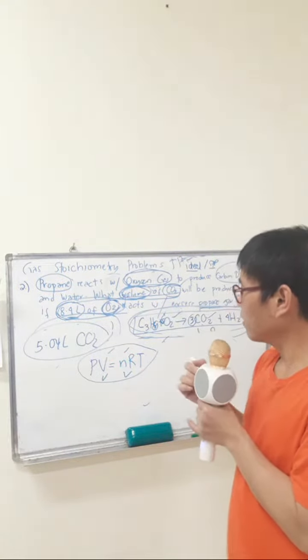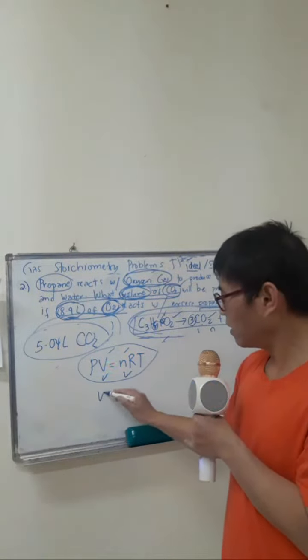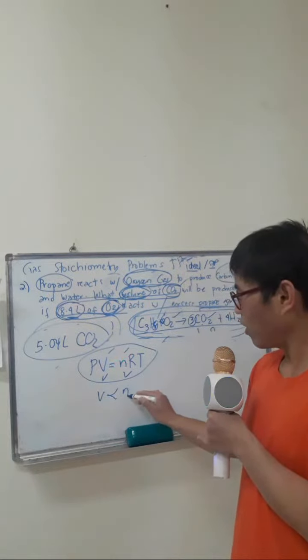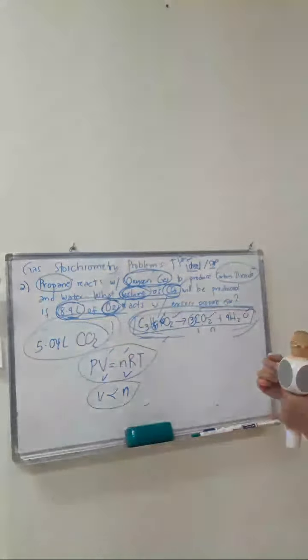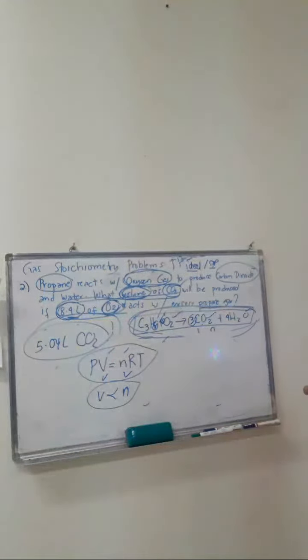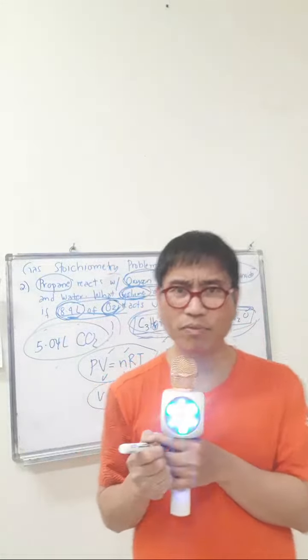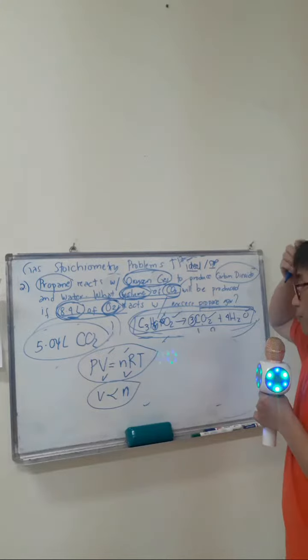If the volume increases, the number of moles will also increase. It's directly proportional with each other, right? If the volume increases, the number of moles also increases. So, what will be the situation in this case? We have to relate that here.